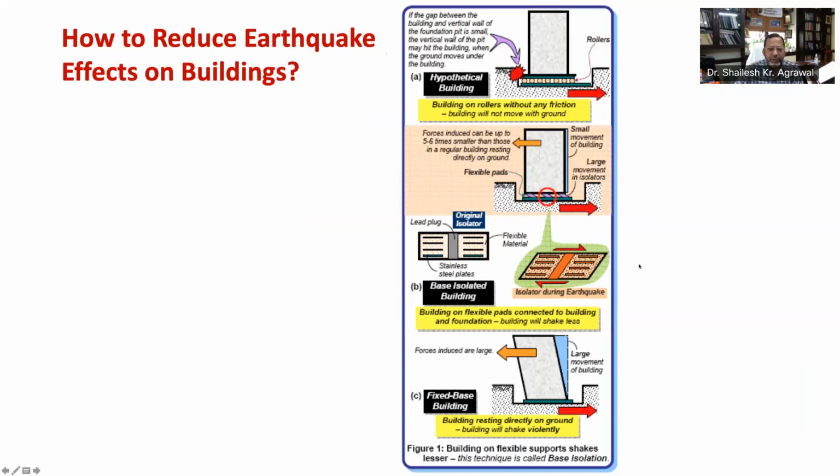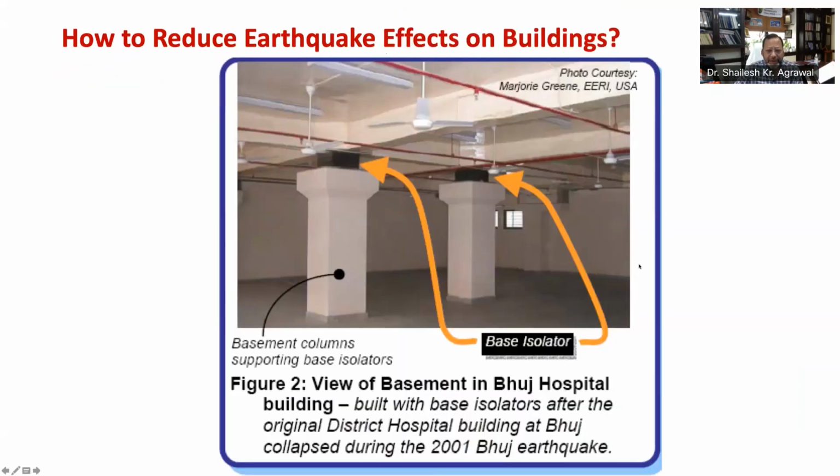Let me explain you now base isolation in real buildings through this figure. After 2001 Bhuj earthquake, the four-story Bhuj hospital building was built with base isolation technique, as you can see here. Seismic isolation is relatively recent and still evolving technology. It has been in increased use since 1980s and being evaluated and reviewed internationally.